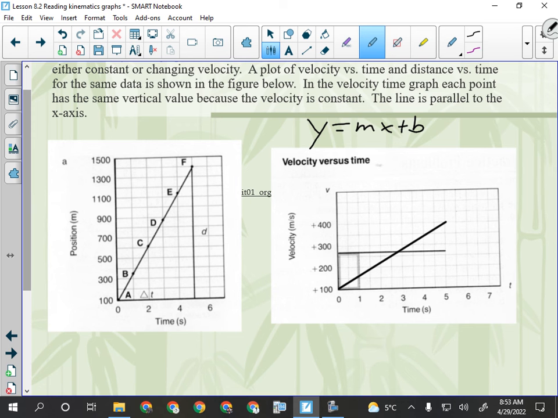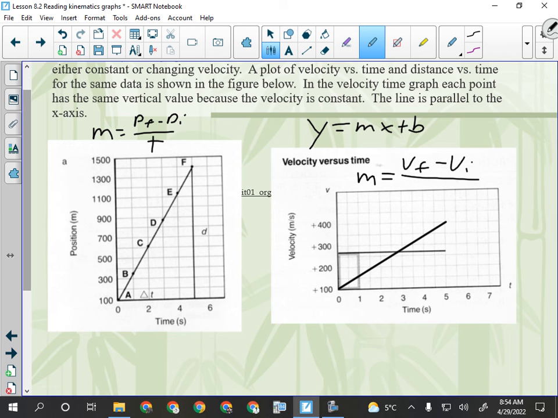No, on this graph, when I calculated the slope, it was final position minus initial position over time. On this graph, when I calculate the slope, y is going to be not a position, but what's on the y-axis here? Velocity.